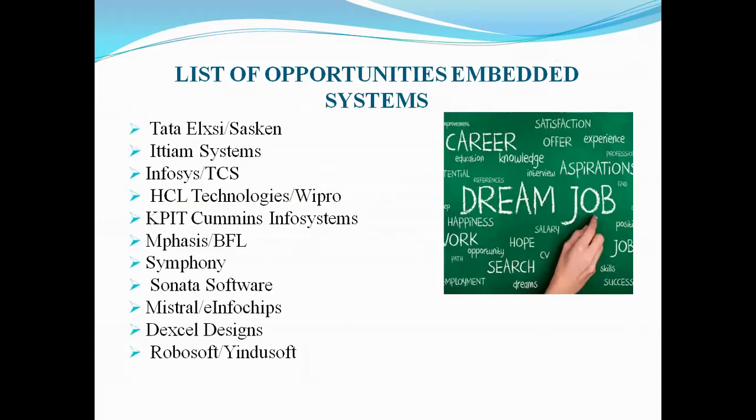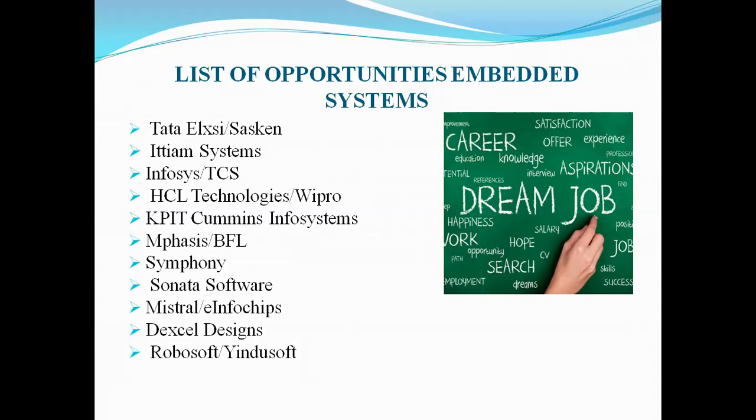The next one is the list of opportunities for embedded system design. These are all the companies which provide various opportunities on the embedded system platform. As mechatronics students, we have to update ourselves on the robotic technologies, the embedded system companies, the opportunities they are providing, and what kind of skills they expect from students.